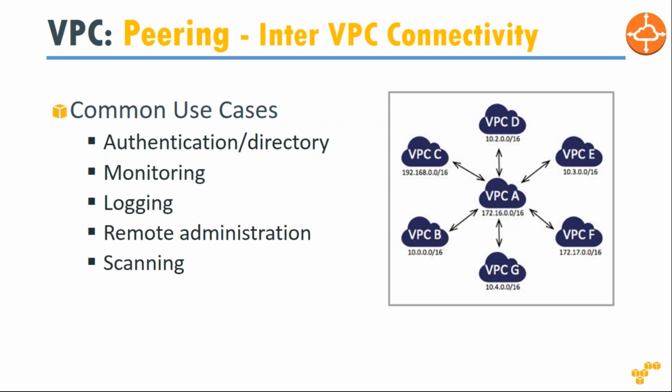The right hand side is a pictorial representation, but if you notice carefully, none of the IPs are overlapping. Each of the VPCs has a unique IP range. That is very important here, because when you're trying to connect two VPCs or two groups of servers, even in conventional or traditional technologies, you cannot have the same IP addresses in both places.